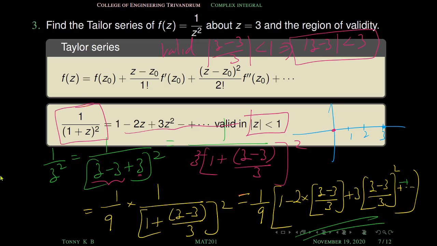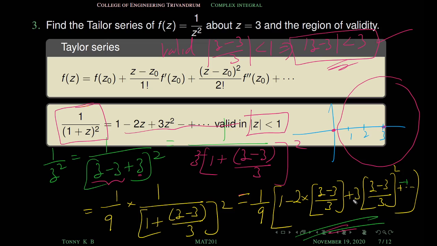So what is the biggest circle about z equal to 3 such that our function is analytic? This is our center and this is the biggest circle with center 3 such that our function is analytic. This is same as mod z minus 3 is less than 3. So this is the region of validity and this is the Taylor series about z equal to 3.